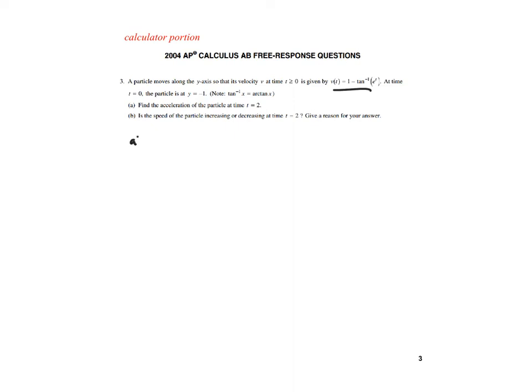Okay, so part A is asking for the acceleration of the particle at time t equals 2. And since v prime of t, as we know, is equal to a of t, I'm going to use math 8. I'm going to put v of t in as y1, and I'm going to plug in y1 and evaluate at x equals 2.